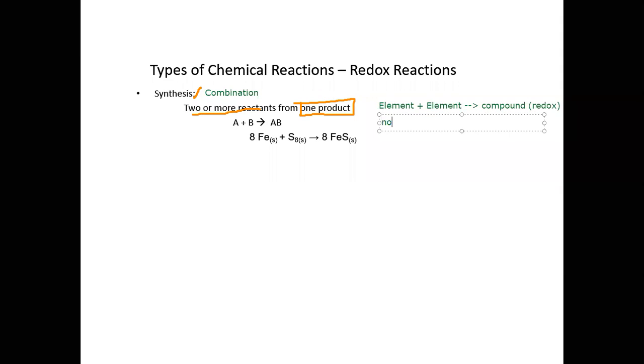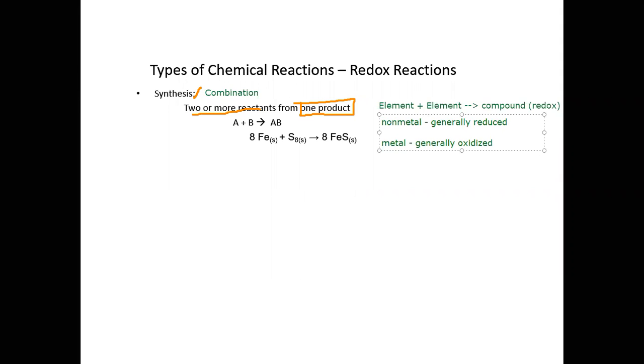If an element is a non-metal, typically it's reduced. And if it's a metal, generally oxidized.